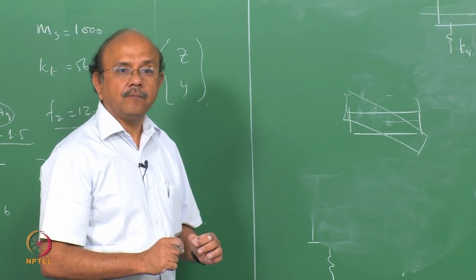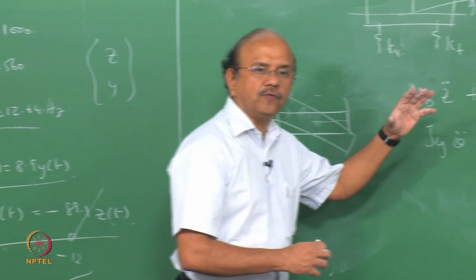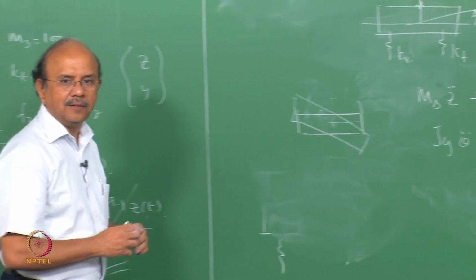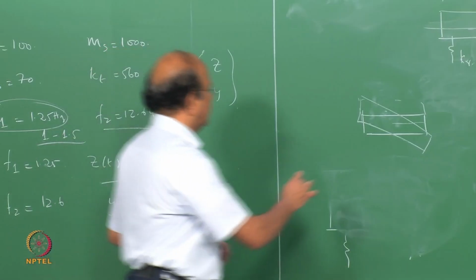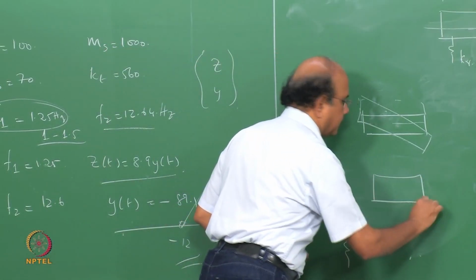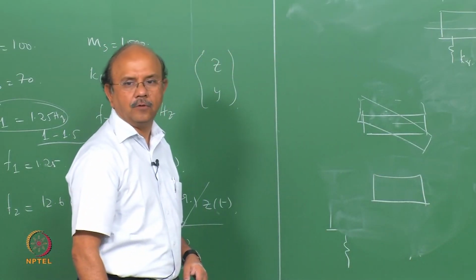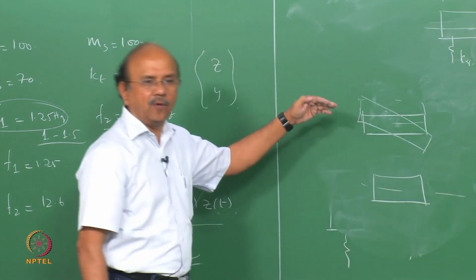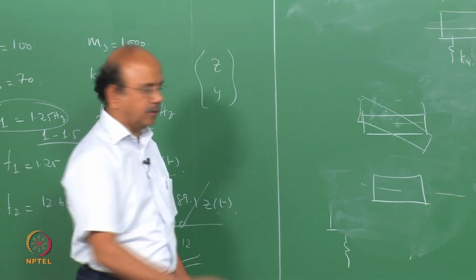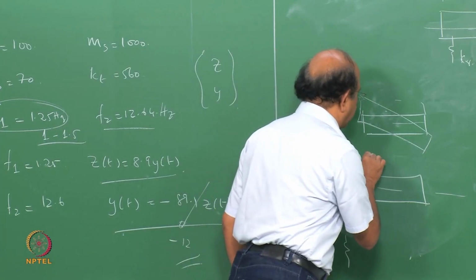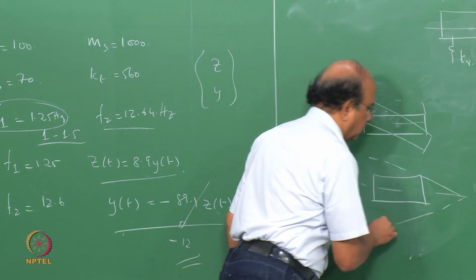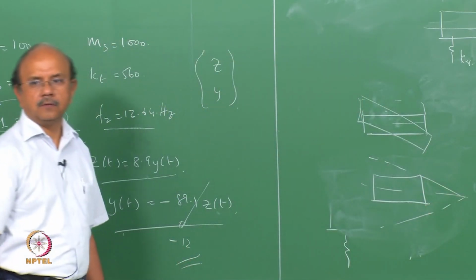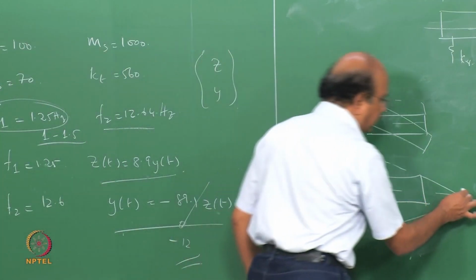On the other hand, when I have both of them coupled, how would it vibrate? I have ms. It would vibrate in two modes, omega 1 and omega 2. In one case it will vibrate like this, with respect to a particular point.